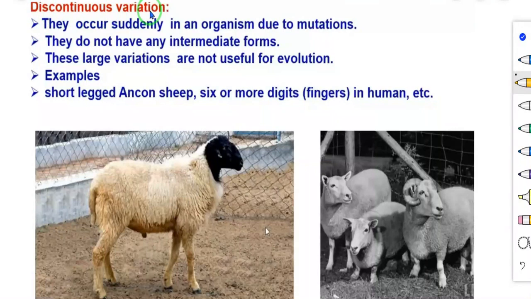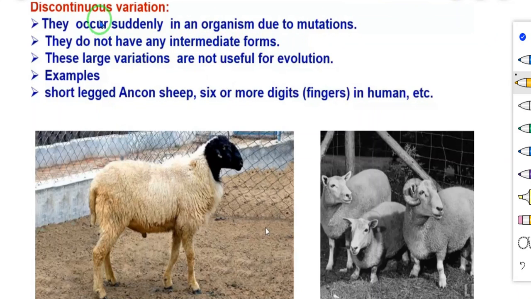Discontinuous variation. These variations occur suddenly in an organism due to mutations. Mutation means changes in the DNA, or an error in the DNA. They do not have any intermediate forms.